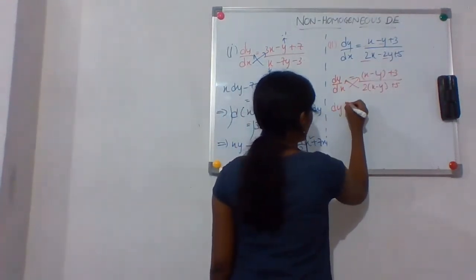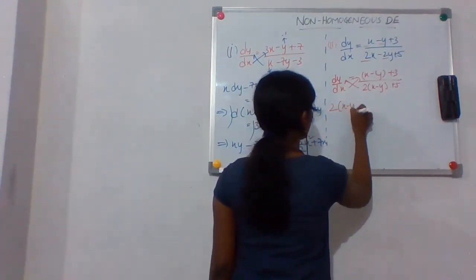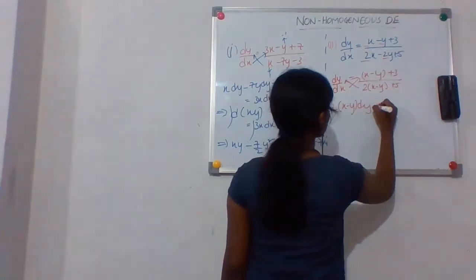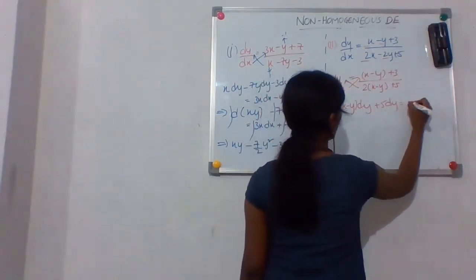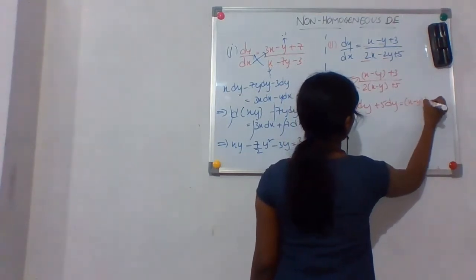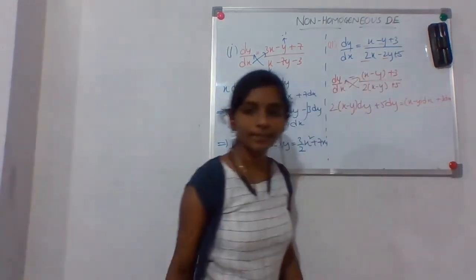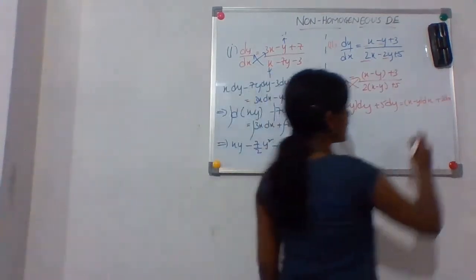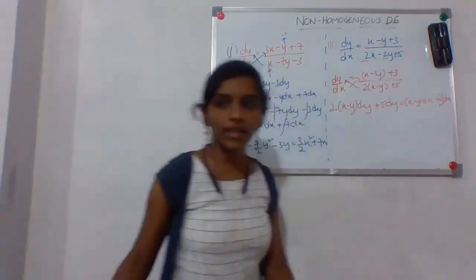So 2 into (x minus y) dy plus 5 dy is equal to (x minus y) dx plus 3 dx, right?